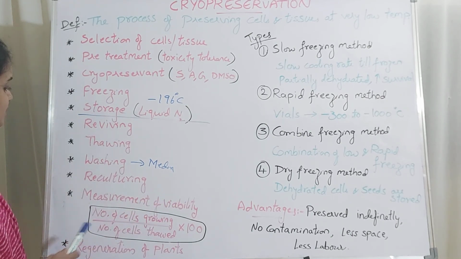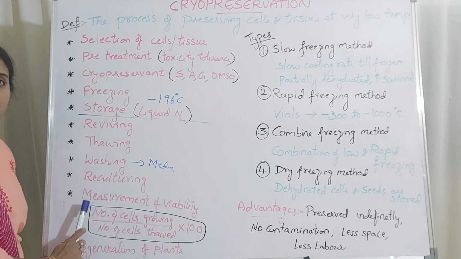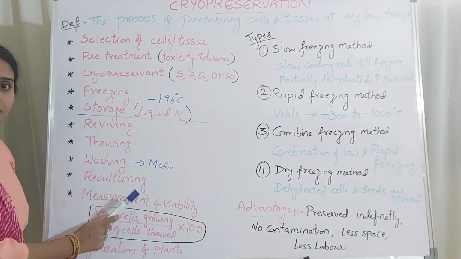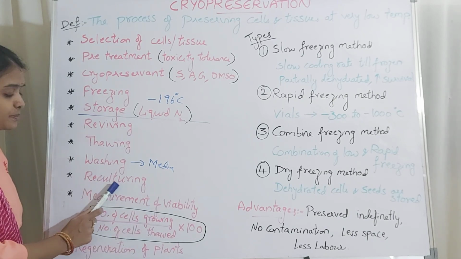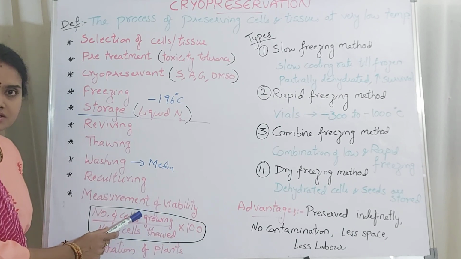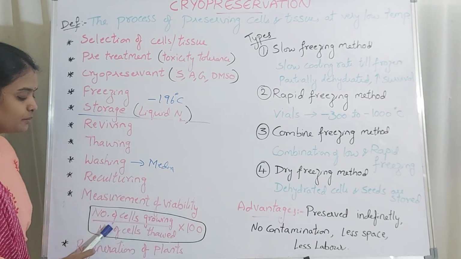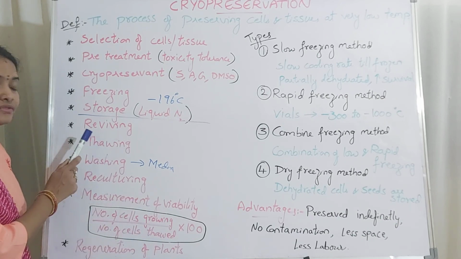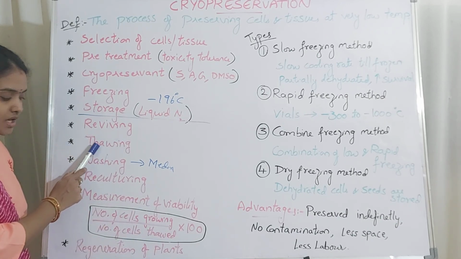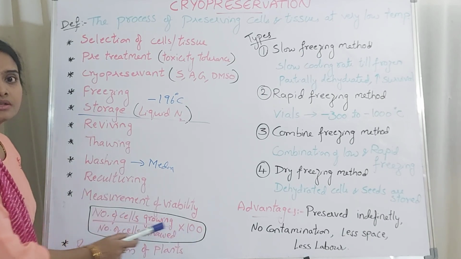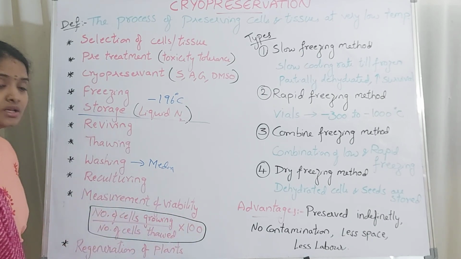After the reculturing, you use this formula: the number of cells growing, that means after subculturing or reculturing, how many cells there are, divided by the number of cells present after thawing, multiplied by 100. Then you get the actual viable cells.